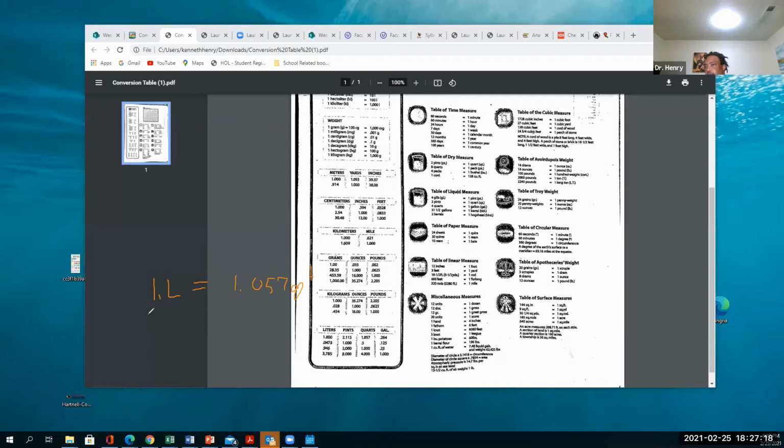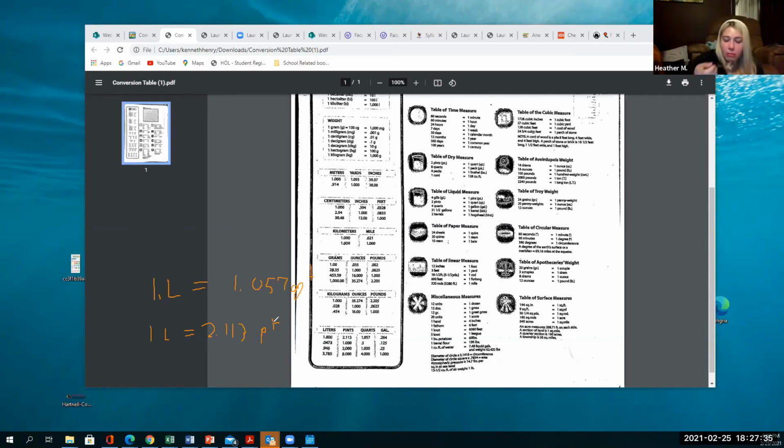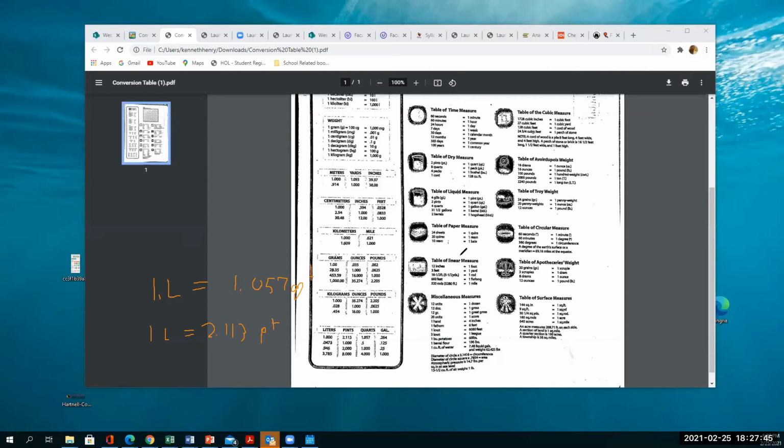If we're changing liters into pints, then 1 liter is equal to 2.113 pints. Okay. All right. Are you with me? I am. Anyone else? Are you guys with me? Okay, yes, we're with you. Good.